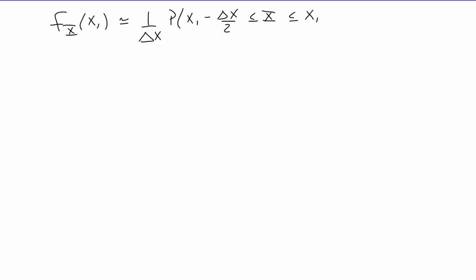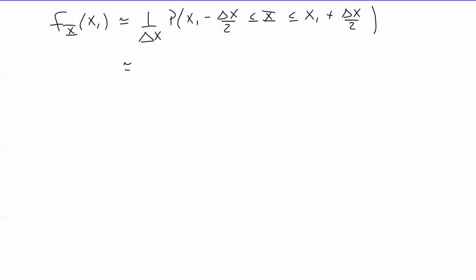So let me begin by writing the last relationship down from the previous slide. That's the last relationship from the previous page. We're going to assume we've got lots of samples that we sort, and we discover that there are n samples in the bin centered at x1.